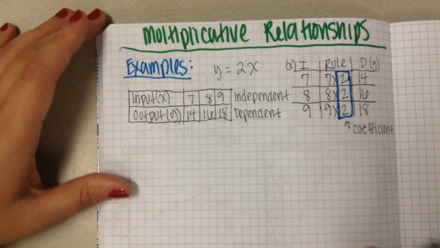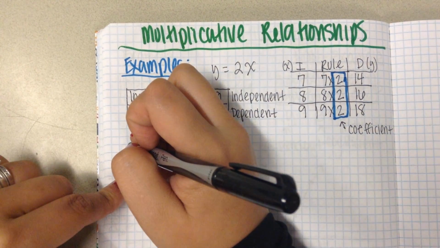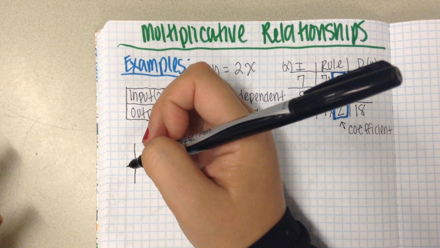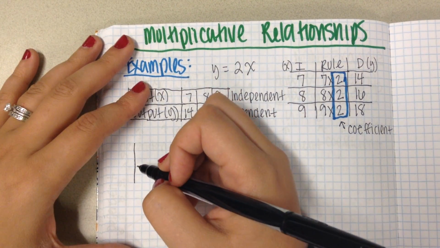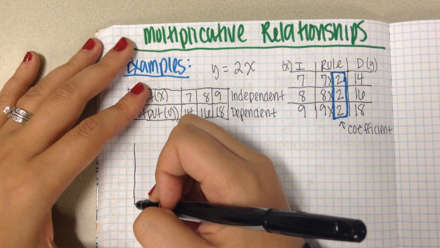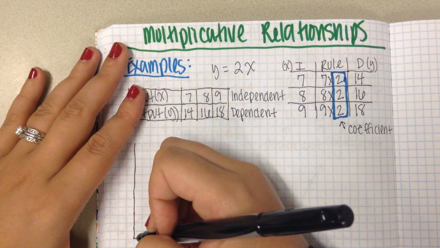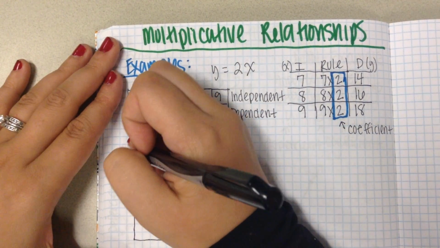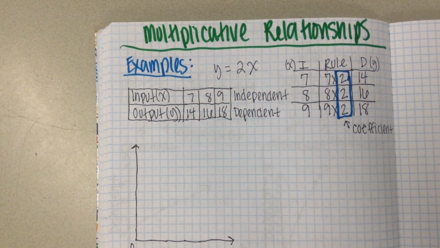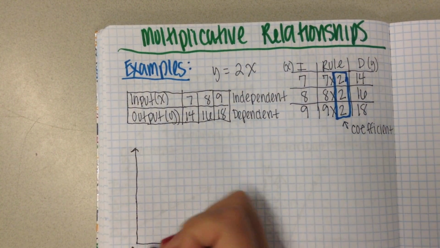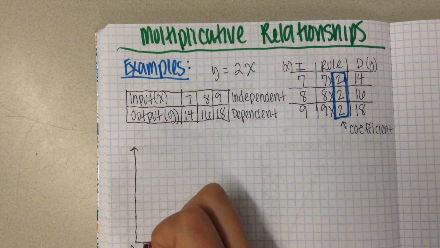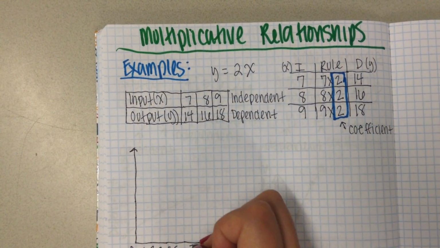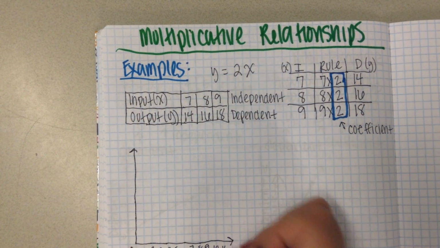Now, let's do another example. This time we're going to do a graph. So I want you to draw a graph. Now we're going to be going by ones: 1, 2, 3, 4, 5, 6, 7, 8, 9, 10, 11.